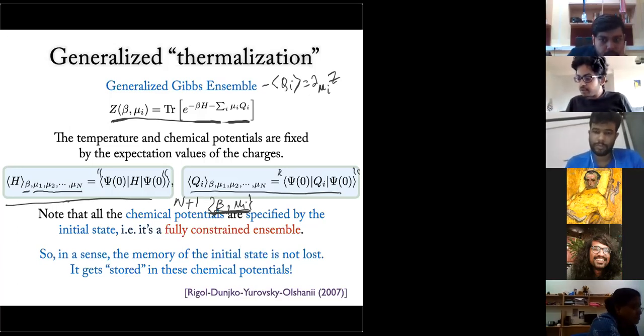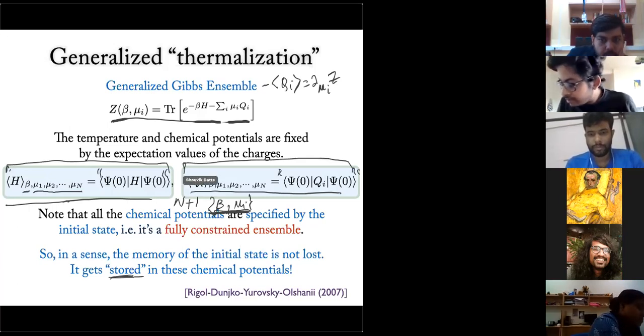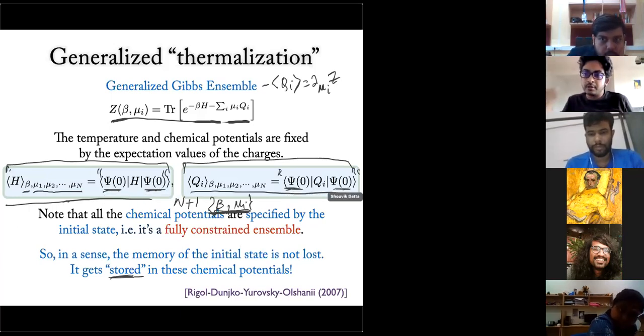The memory is stored via these chemical potentials, via these equations, this one and this one, because this depends on the initial state. You can fix these chemical potentials using the initial state. So it's a fully constrained ensemble, and the memory of the initial state gets stored via these chemical potentials. Okay, so that's the description for integrable systems.